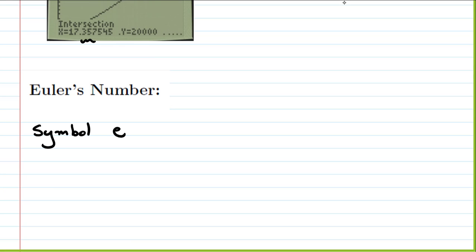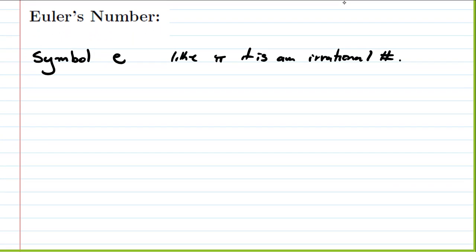And like the number pi, it is an irrational number. So it turns out that e is a very interesting number. So let's see if we can figure out what the number e is.